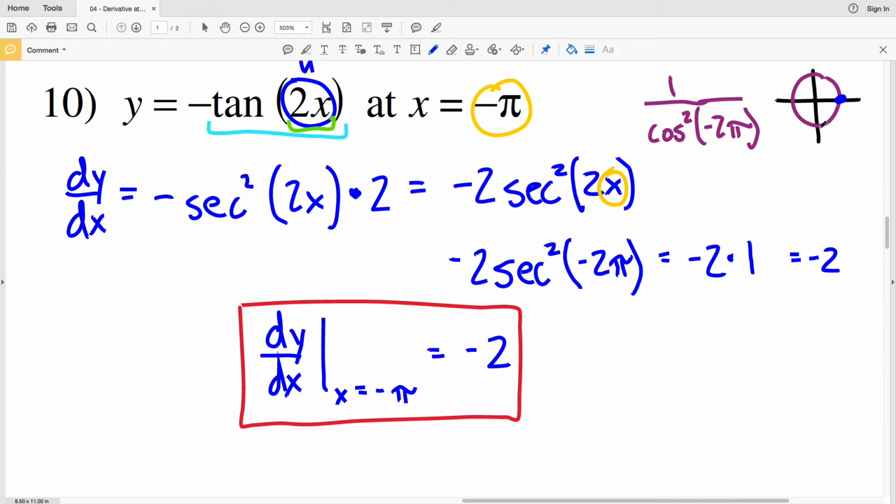So the cosine of negative 2 pi is 1, cosine squared is 1, and 1 over 1 is 1. Therefore, negative 2 times 1 equals negative 2, which gives us our solution for our derivative in number 10 at x equals negative pi to be equal to negative 2.